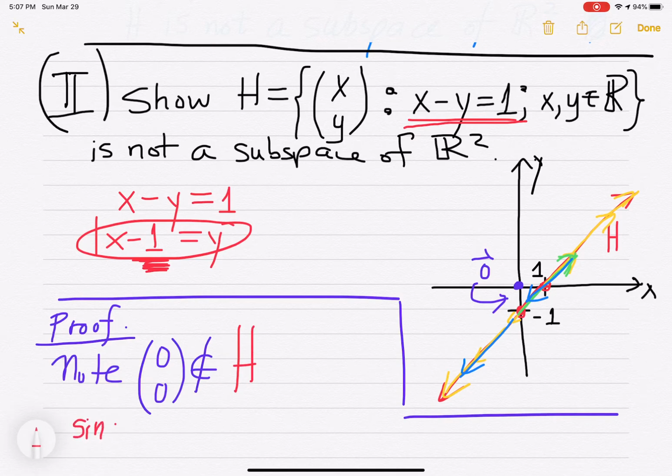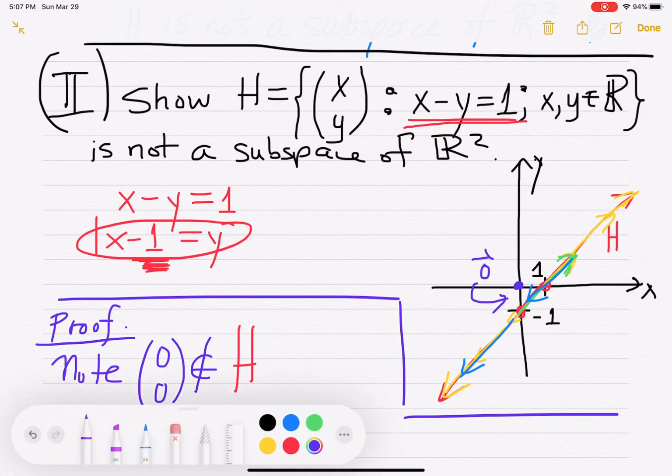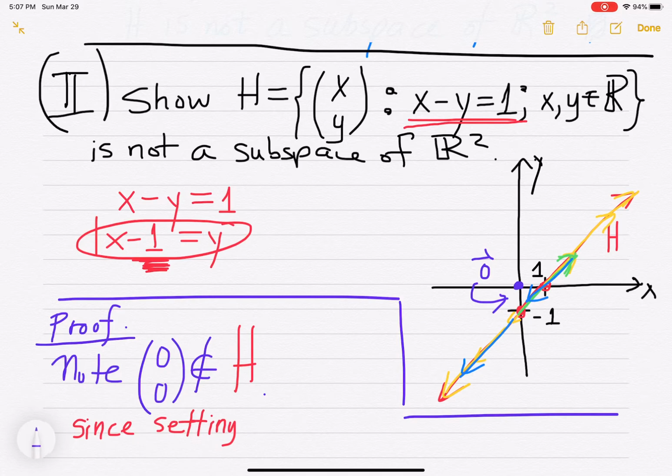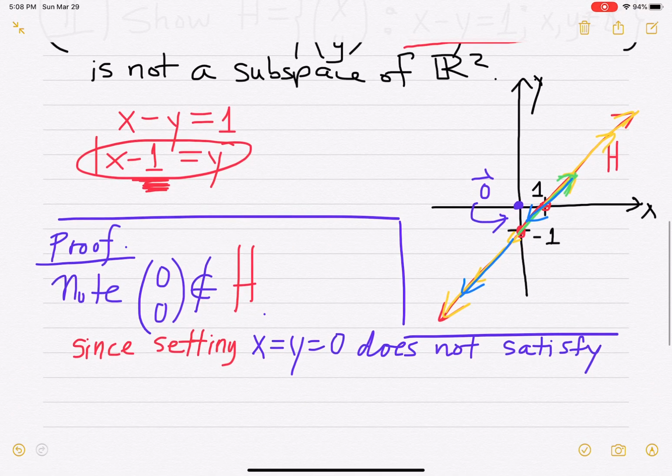Since setting x equal to 0 and y equal to 0, so let's say I plug in 0 for x and 0 for y, that does not satisfy the equation x minus y equals 1.